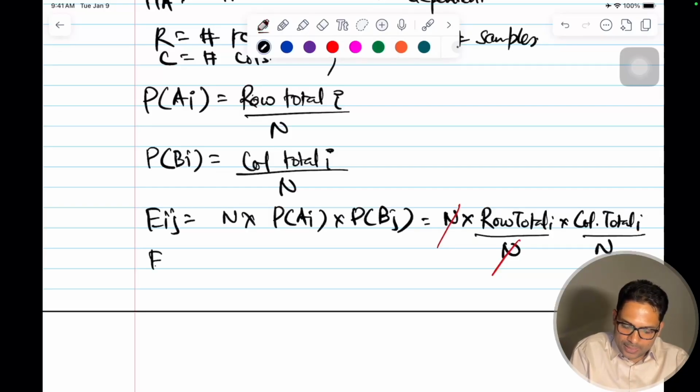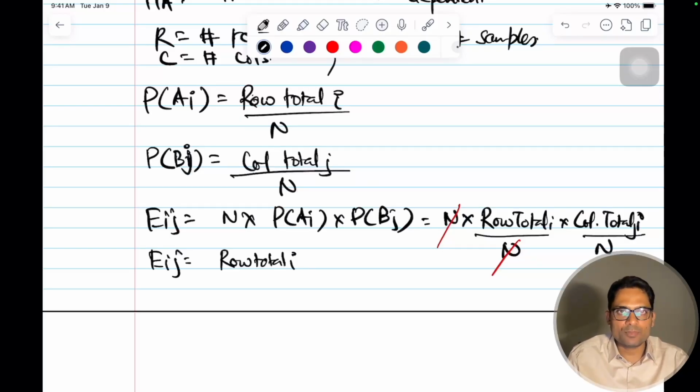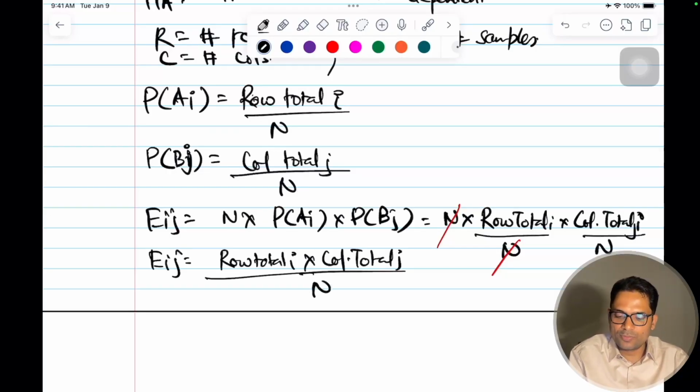So finally my E_ij will be row total of ith, and this will be j, sorry, this will be j, and j I'm using to measure count here, the columns. Row total i, column total of j by n, because only one n remains here.